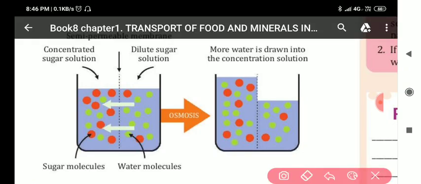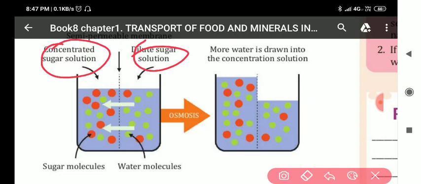You can see here in this diagram, this in the middle is the semi-permeable membrane. This is dilute sugar solution. Here it is dilute sugar solution. Here it is concentrated sugar solution. So here in the middle we have the semi-permeable membrane.